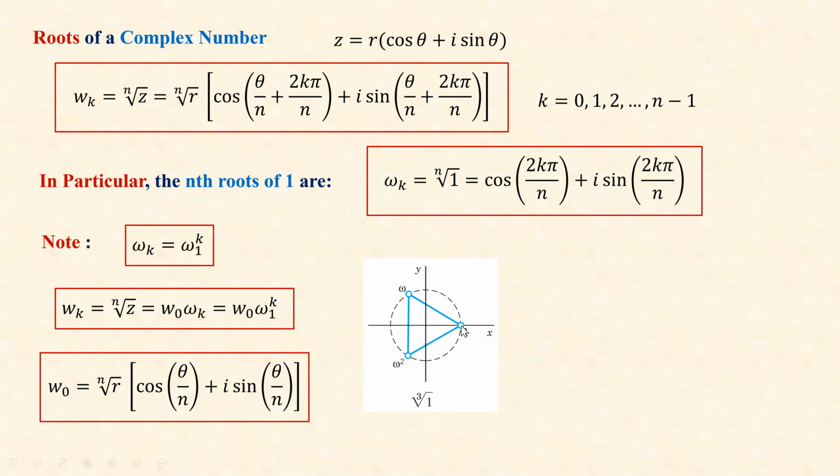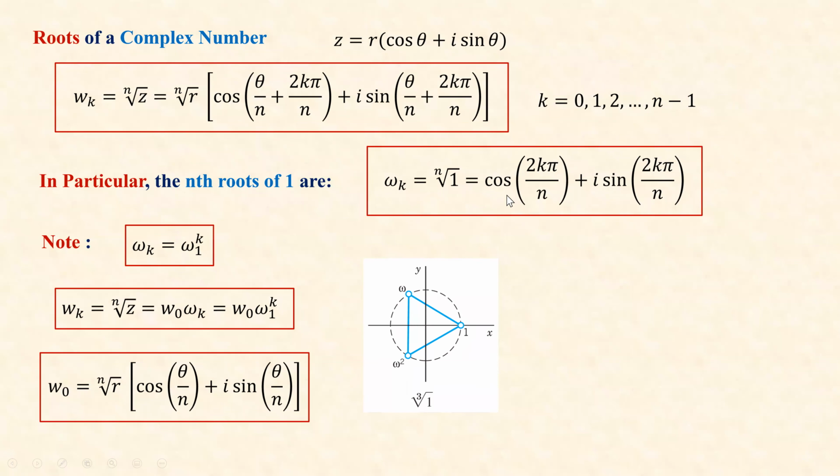It will be the same as this omega naught. This omega naught for 1, if n is 3, you have k is 0, so we have cosine of 0 plus i sine of 0. So that's the 0th one, omega naught.